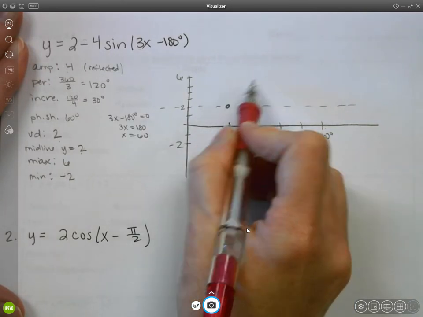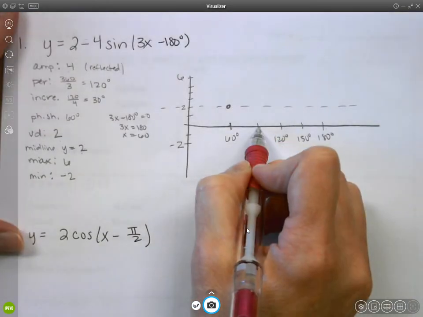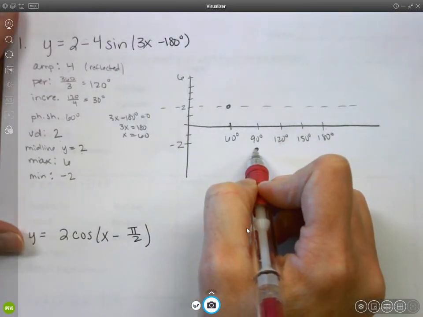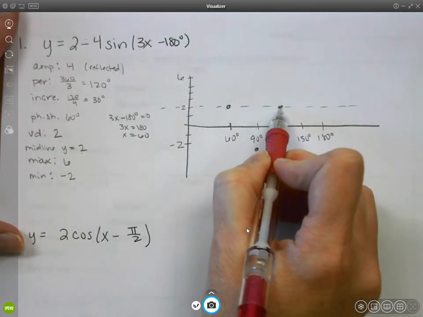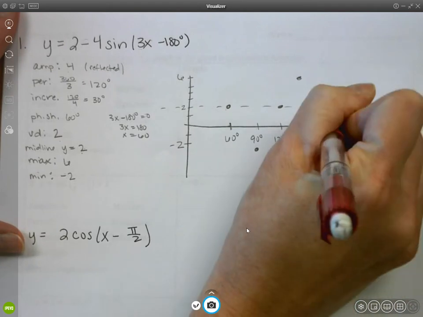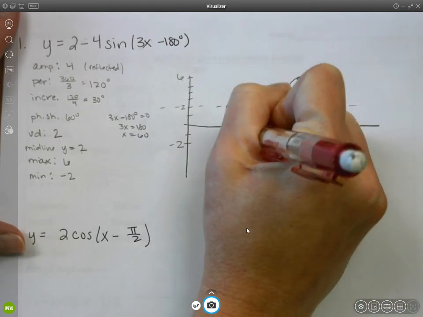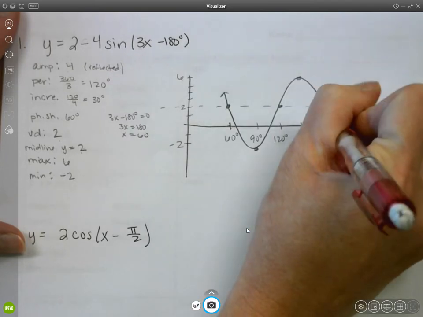And then we normally go up, but since this is reflected, it's negative, we're going to go down. So my next mark is going to be at my low point of negative 2, then back to the middle point, then up to my high point, then back to my middle point. And then you connect the dots with the sine graph. And you're done.